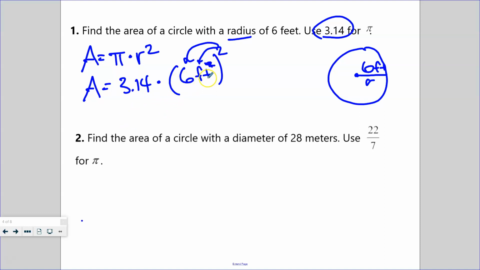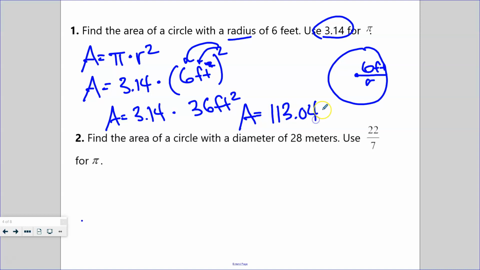And so it's 6 times 6 and then feet times feet. So we end up with area equals 3.14 times 36 feet squared, and 36 times 3.14 equals 113 and 4/100ths feet squared.